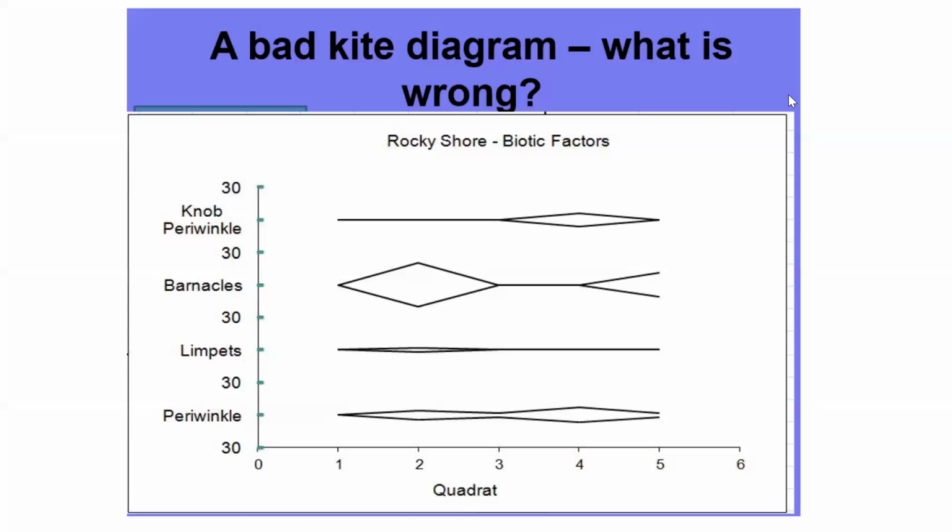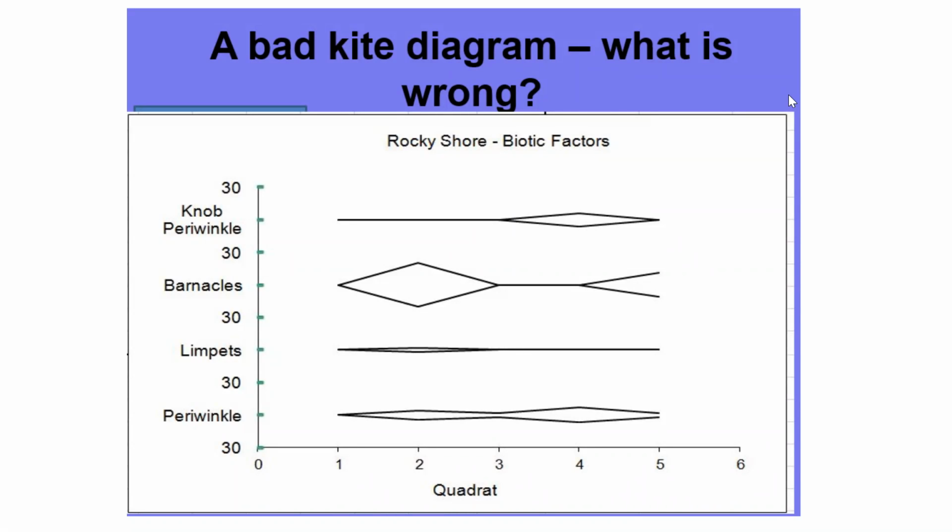Open ends, correct, Danya? So in the barnacles kite diagram, I can see there are open ends. Also in periwinkle, the ends are open. For periwinkle, there is no center line, correct, Shrutika and Sandhya? Any other? There are 3 mistakes.